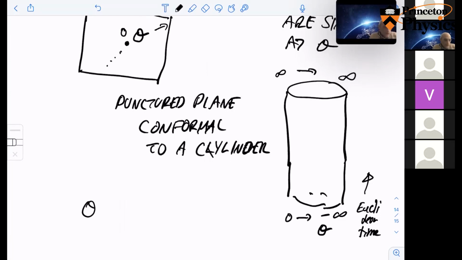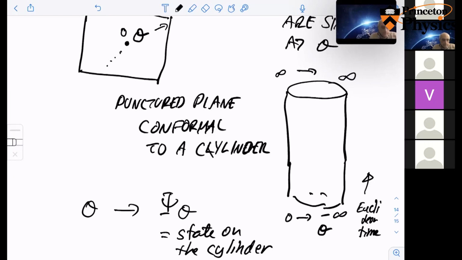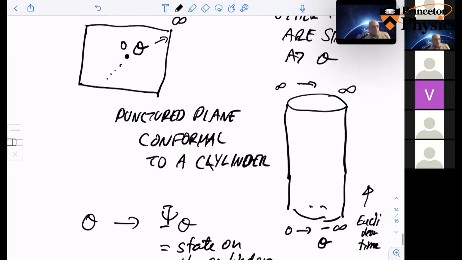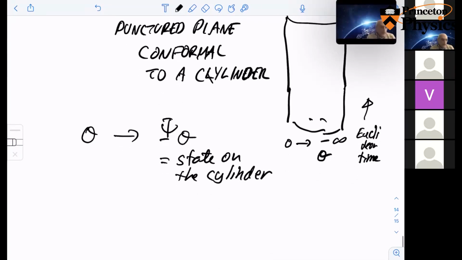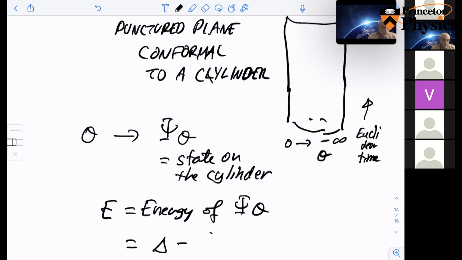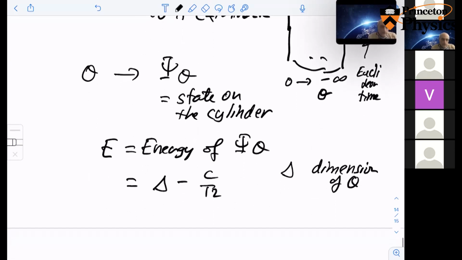So in this operator state correspondence, an operator corresponds to a state psi sub O, a state on the cylinder. But the energy of the state is equal to delta minus c over 12, where delta is the dimension of the operator and c is the central charge.